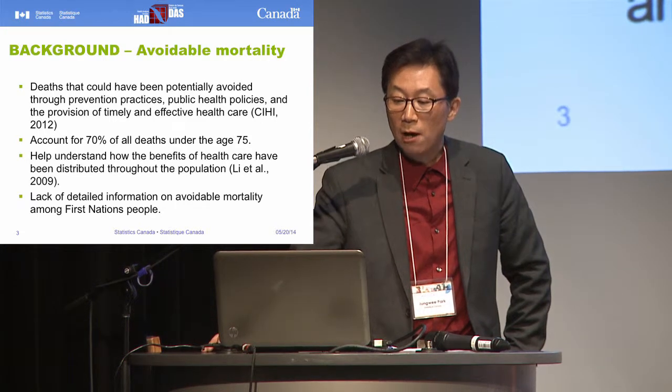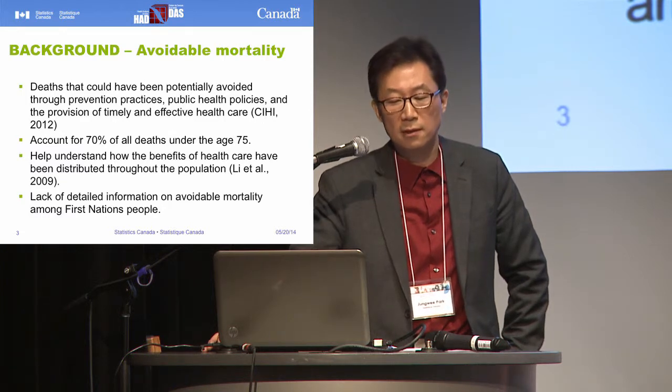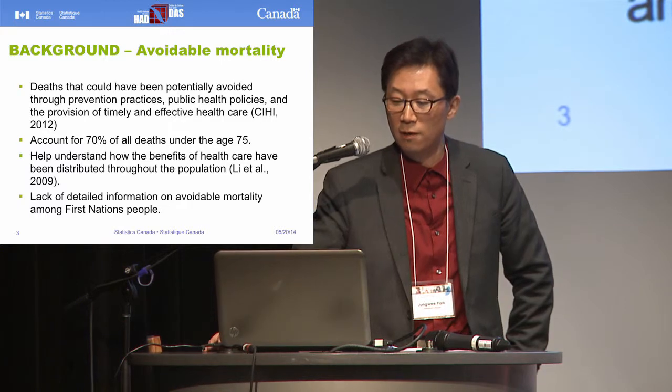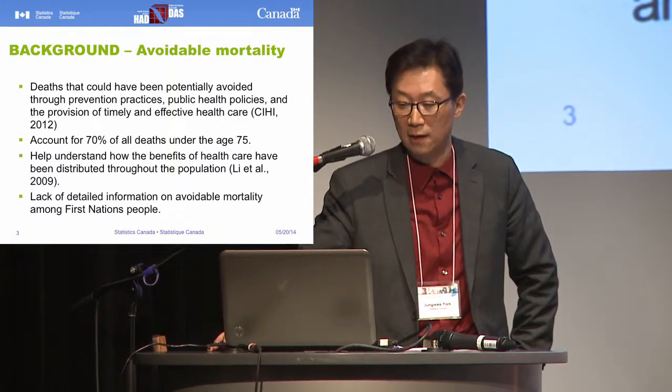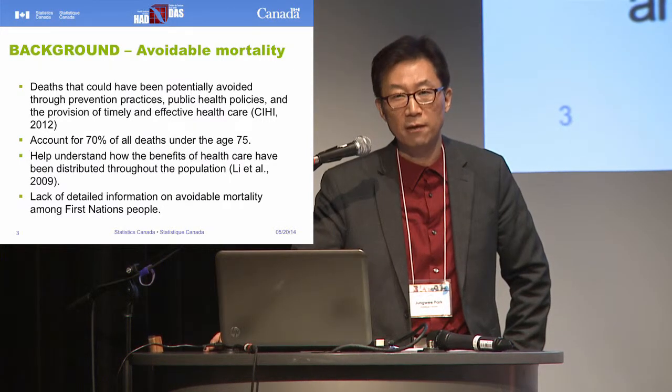The background about research on avoidable mortality. Avoidable mortality means the deaths that could have been potentially avoided through prevention practices or public health policies, better treatment, and provision of timely and effective health care.